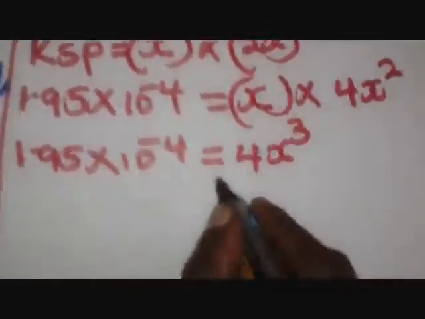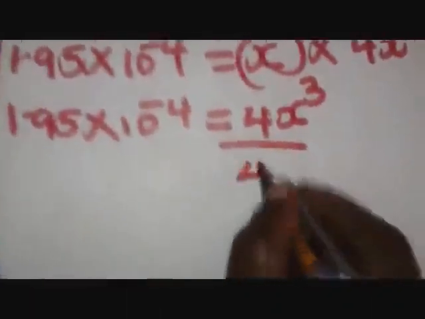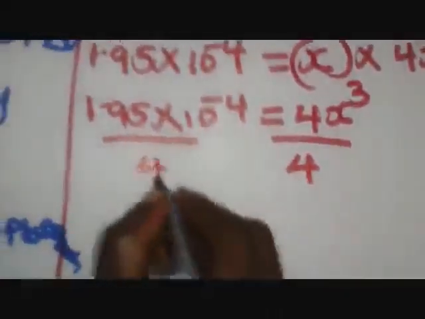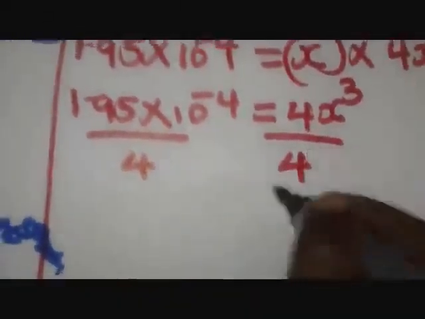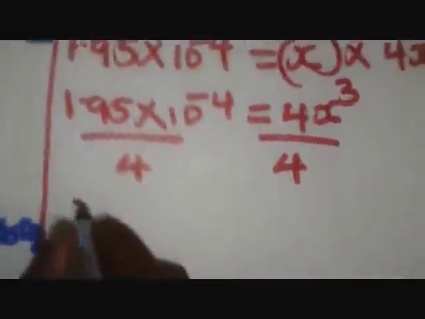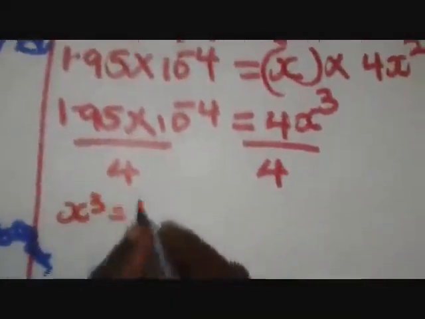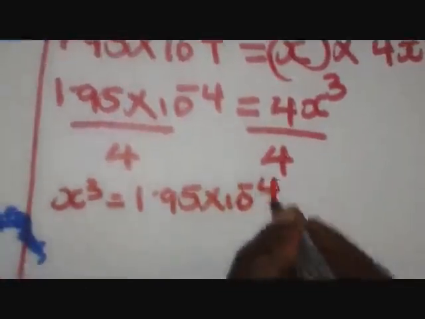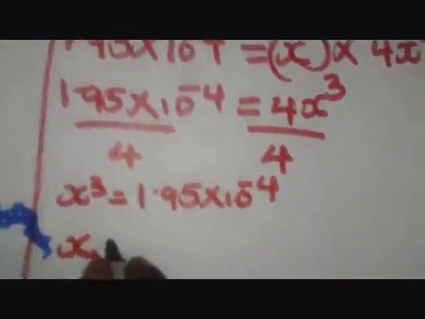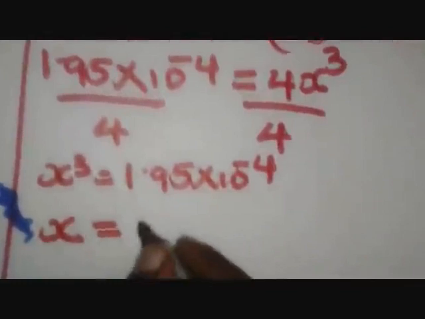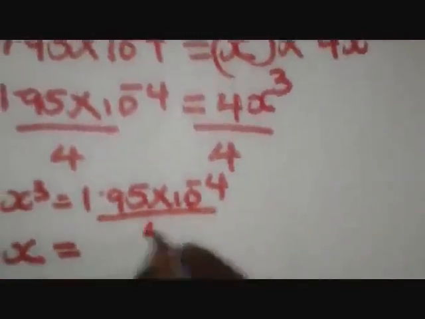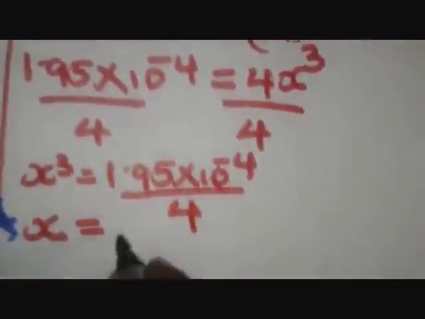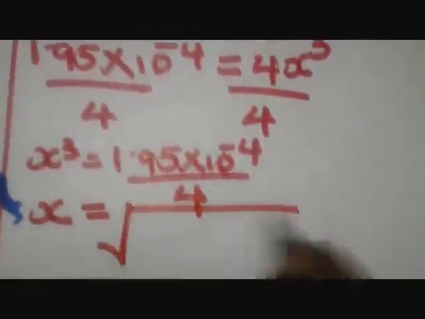But remember, we want X alone. So we are going to simplify by dividing both sides by 4 and cancelling. So we have X cubed is equivalent to 1.95 times 10 power negative 4 divided by 4. Now to get X alone we get the cube root of all of this.